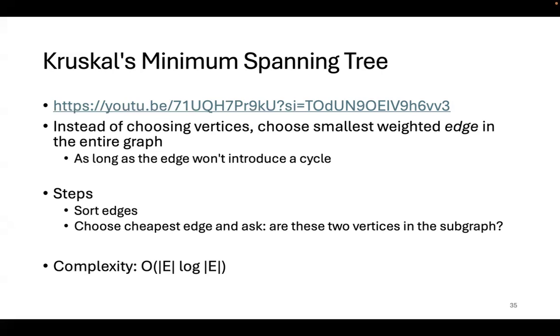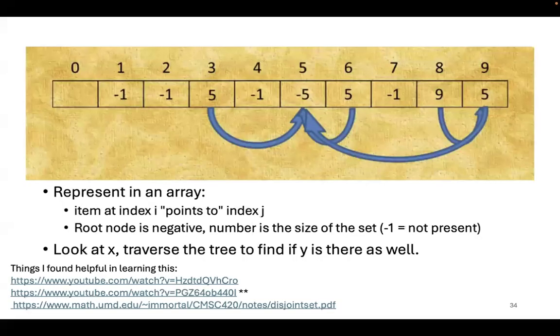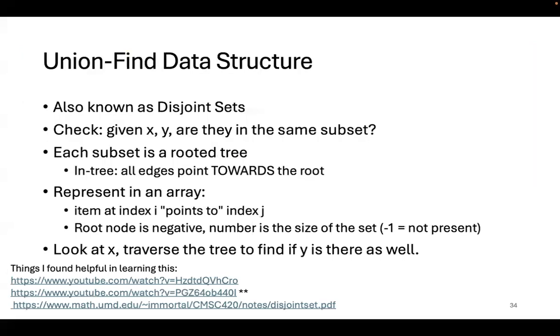If they are already connected in the tree, then we don't. That's the idea. And the way that we ask the question of, are these two vertices connected in our tree, we use union find. That's a data structure also known as disjoint sets, which checks, given two things, are they in the same subset? So are these two nodes already in my tree? That's what we're doing.